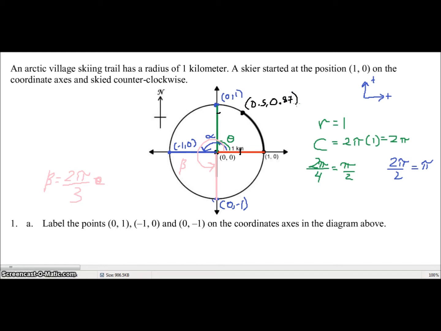Describe what the value of 0.5 represents and illustrate this measurement on the axes above. Well, 0.5 is this purple distance here.